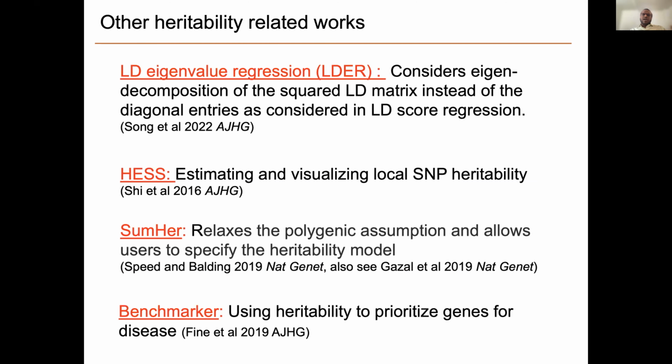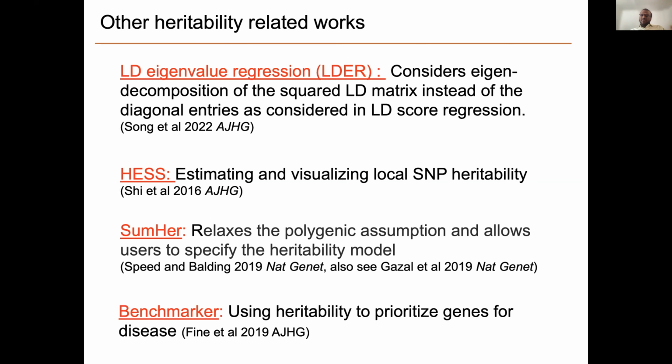Yeah, so I think this LD eigenvalue regression just came out this year, so a more formal comparison is still left to be done. One of the things they show, however, is that when it comes to estimating the standard errors of the heritability, their standard errors are often much lower compared to those of the LDSC.